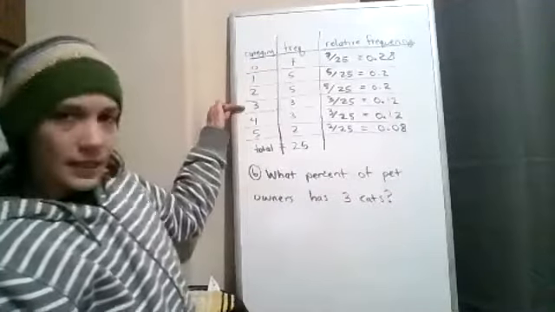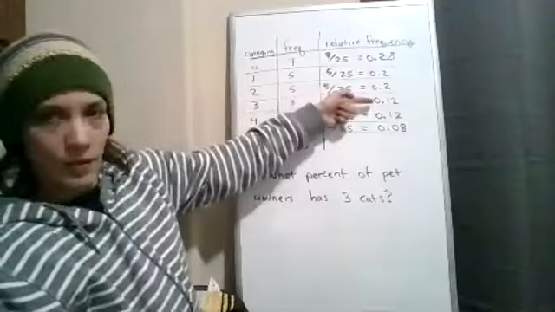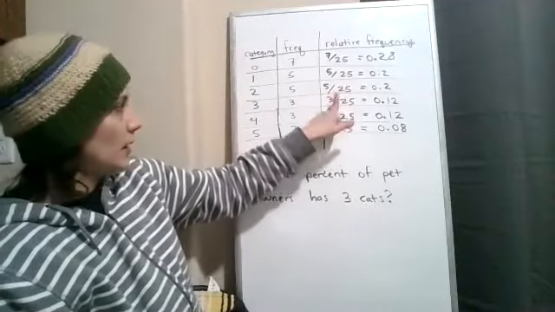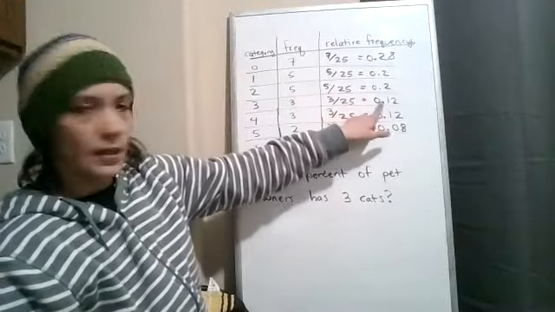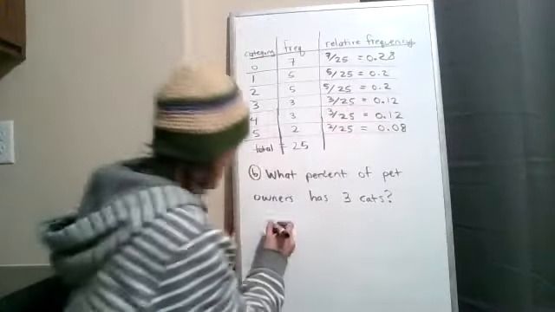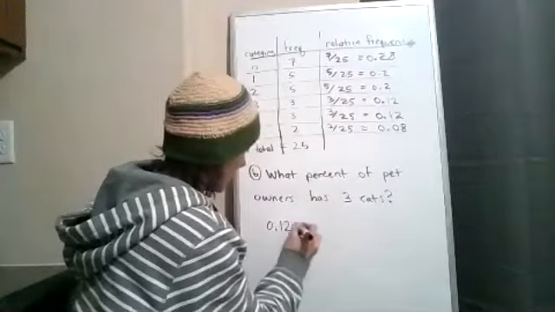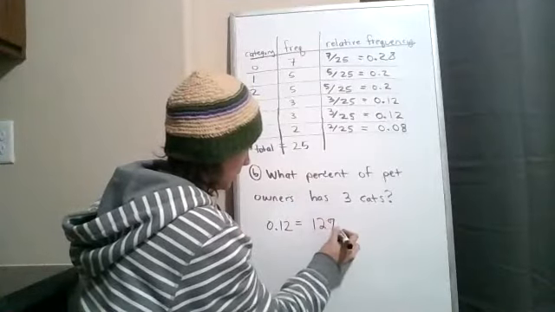Okay, so 3 cats is here. Go over and get a proportion of 3 over 25. That's 0.12. And that's 12%.